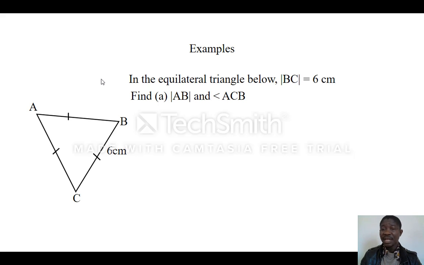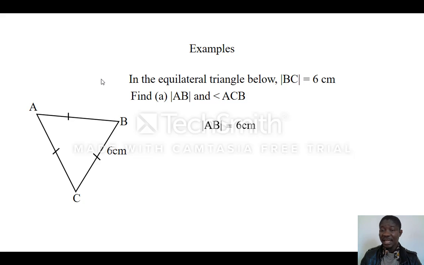Now let's look at this example. We have been told that in this equilateral triangle below, BC is equal to 6 centimeters. We are asked to find the length AB and angle ACB. Since BC is 6 centimeters and it is an equilateral triangle, all the sides are equal, so AB is equal to 6 centimeters.